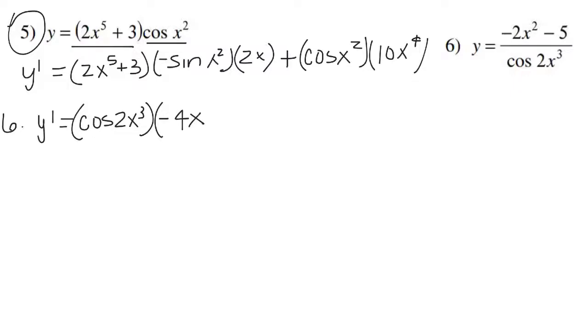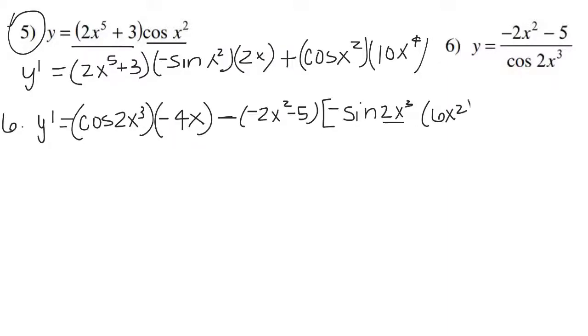So bottom times derivative of the top minus the top, negative 2x squared minus 5, times the derivative of the bottom. Derivative of cosine's negative sine, isn't it? So negative sine 2x cubed times 6x squared, right?